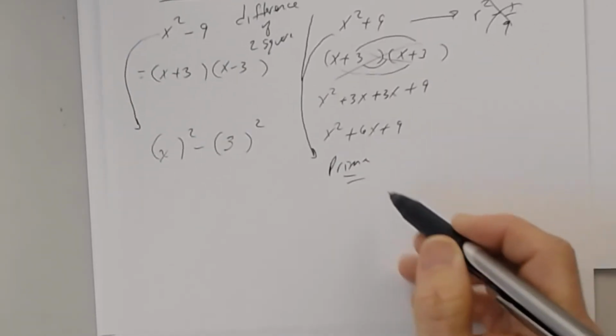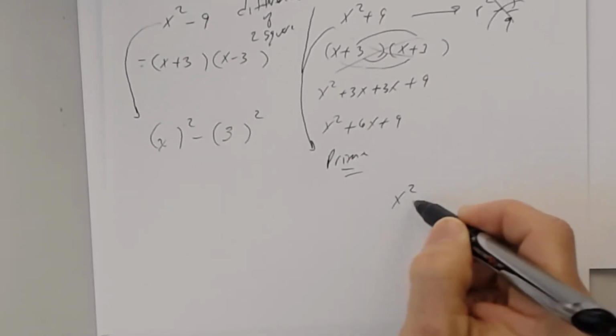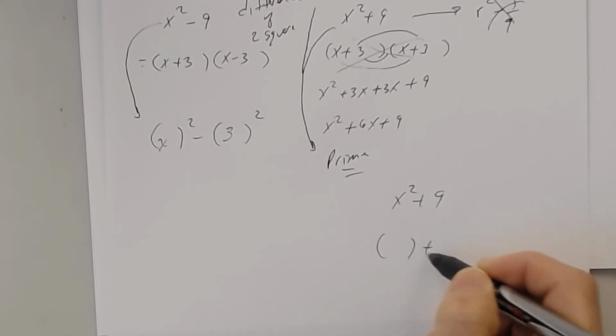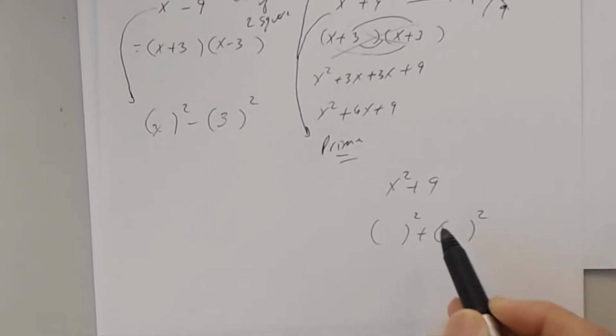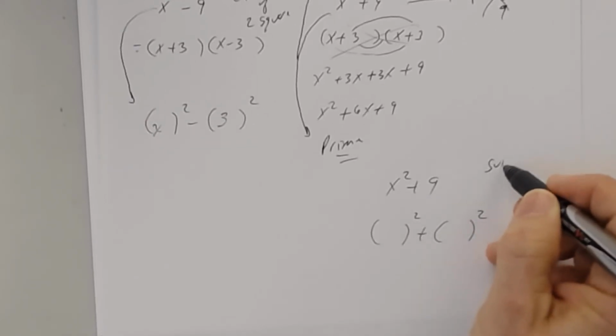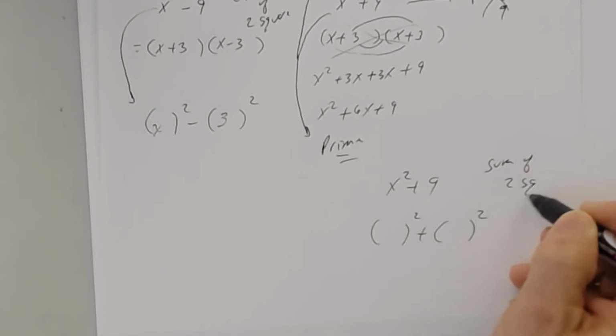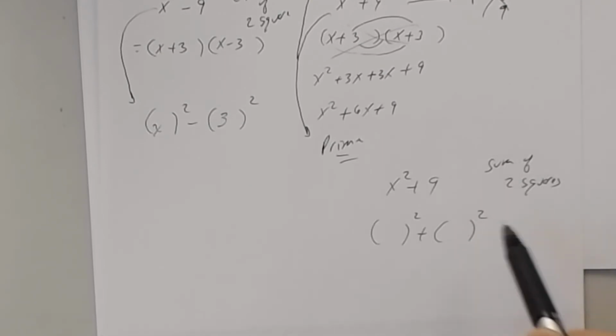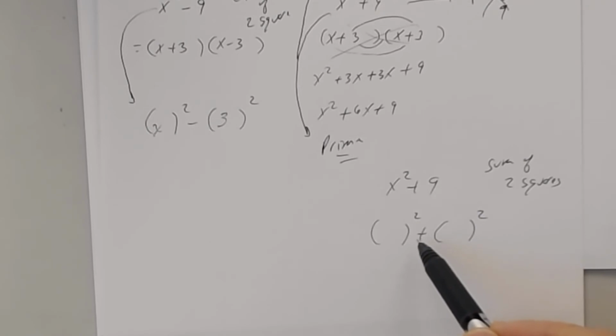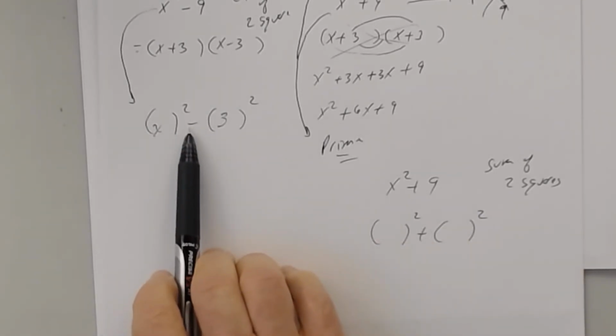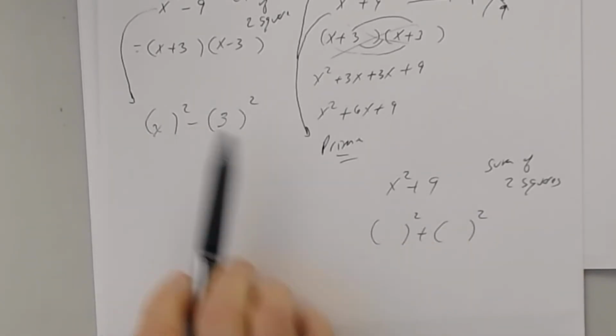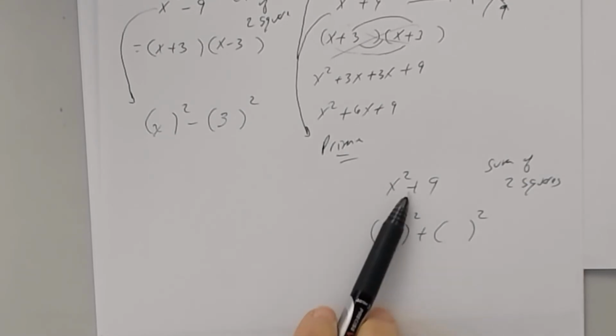This, if I look at x squared plus 9, that is the sum of two squares. See the sum, the plus symbol? This is what symbol? Subtraction, the difference. This is the sum of two squares.